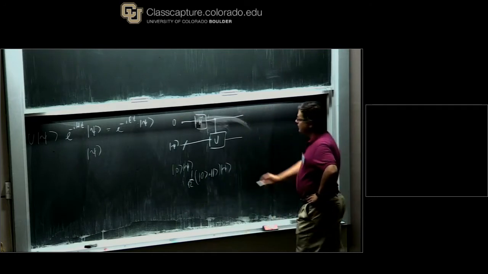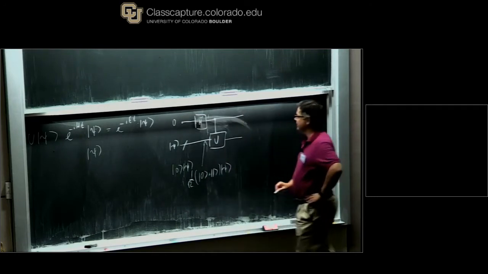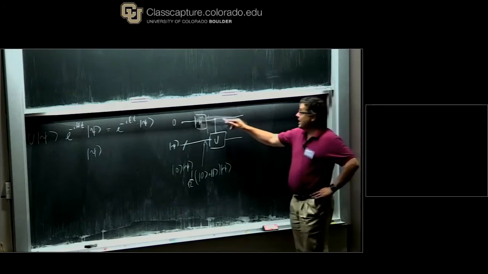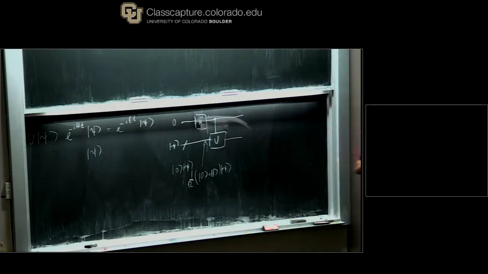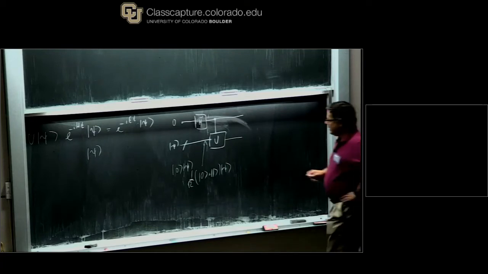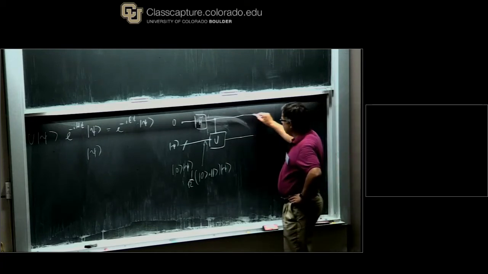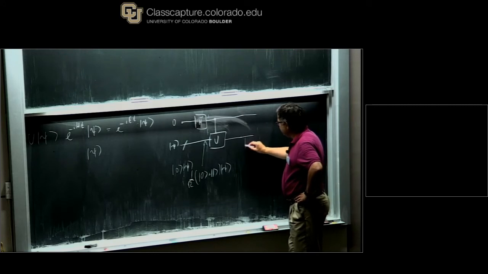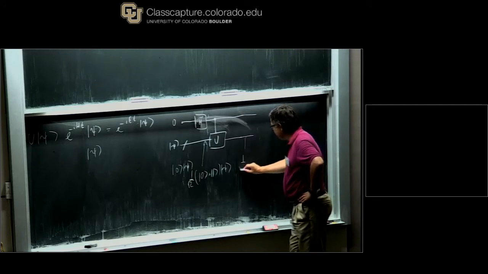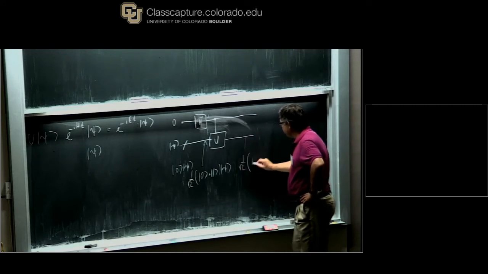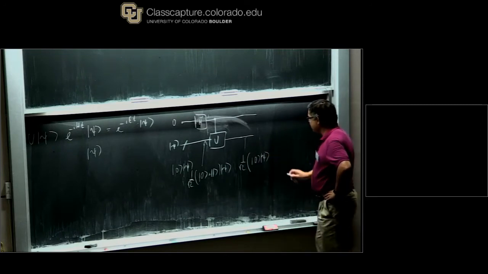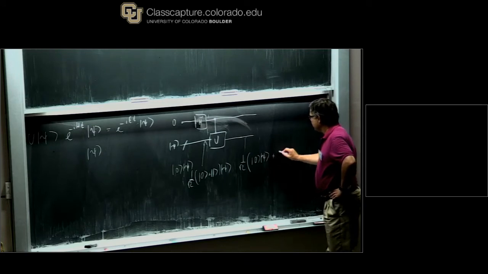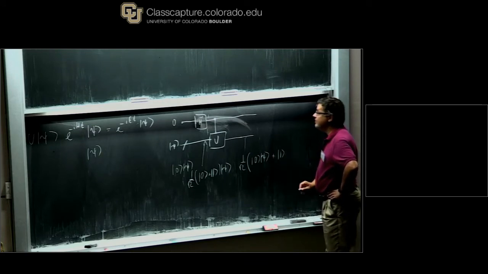And now, so that's what I had here. And now when this control bit is 1, I evolve. When it's 0, I don't evolve. So then after that, the state that I have here is 1 over root 2 of 0 and psi plus 1, and here I have evolved that.